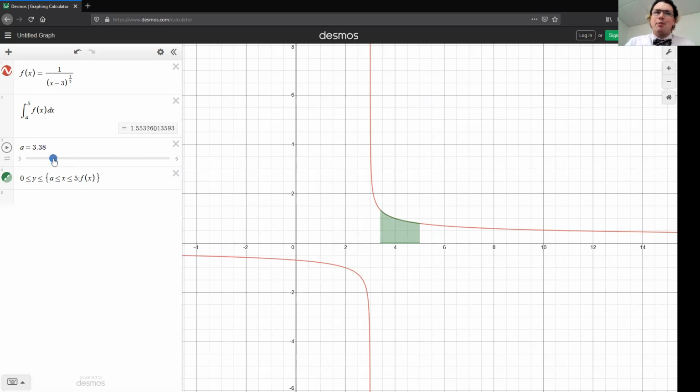As I move my slider to the left, I am picking up more and more area here. And if I get it to a equals 3, now this is the region that I have covered. And Desmos claims that there is 2.38 units of area highlighted in green there.